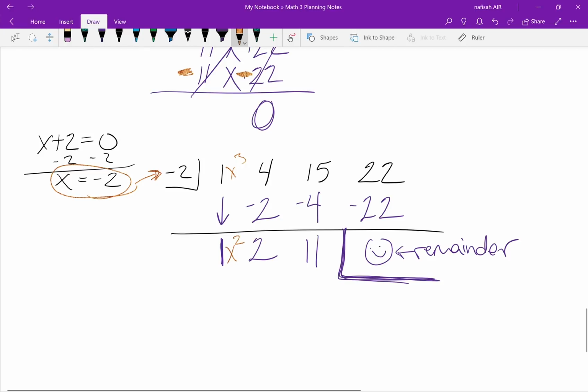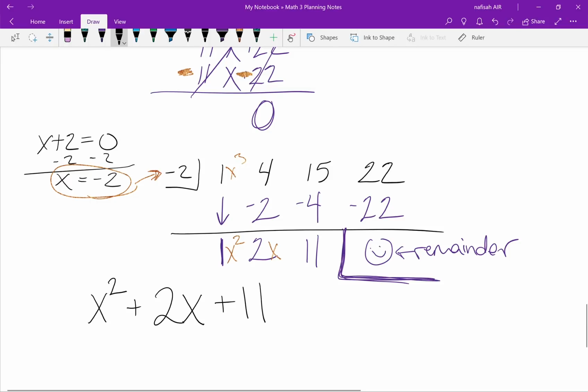And then you just count down. That's an x squared, so that's just an x. That's a constant. And my answer is 1x squared plus 2x plus 11 with no remainder.